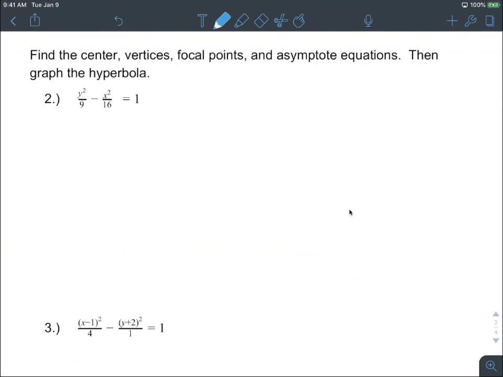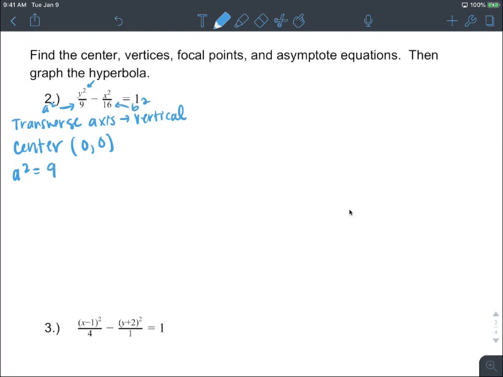All right, let's find our key features, and then we're going to graph this right now. Looking at this equation, since the y is squared, I already know that the transverse axis is vertical. I know that my center, h comma k, is 0, 0. I know my a squared, remember it doesn't change, a squared is the first and b squared is the second. a squared is equal to 9, so a is equal to 3.